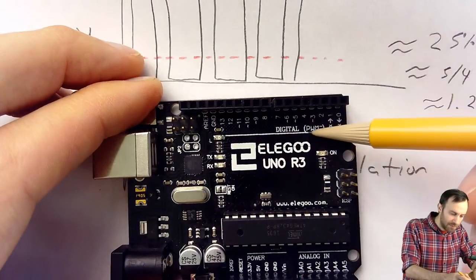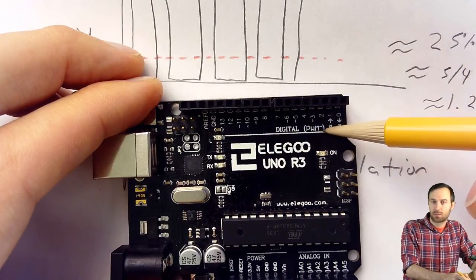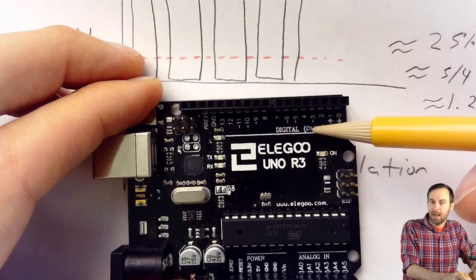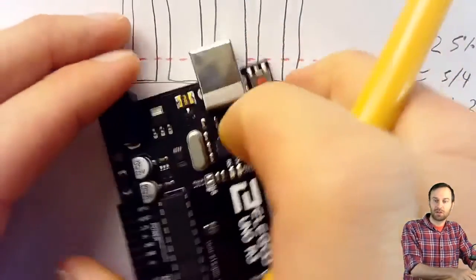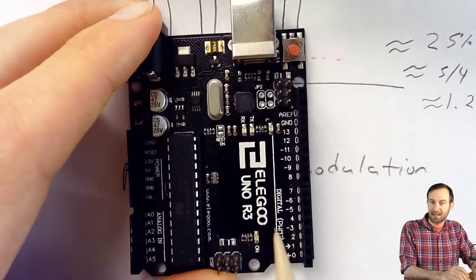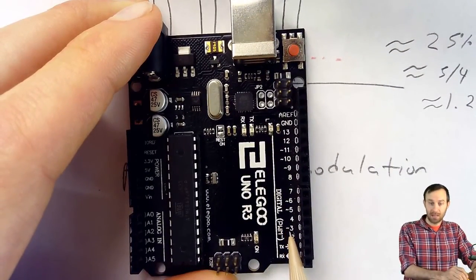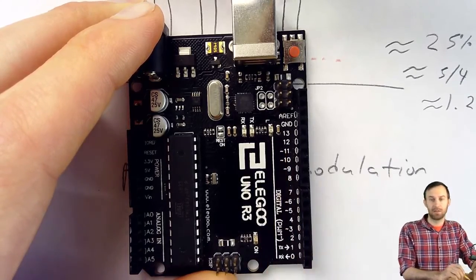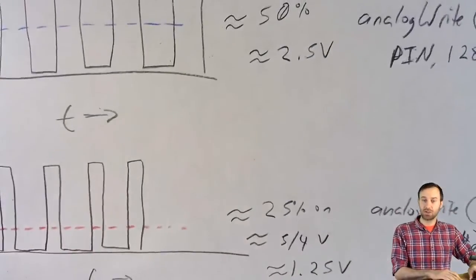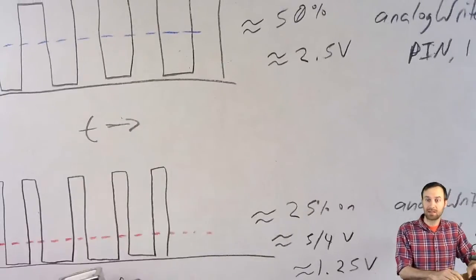It says PWM and that squiggly, which is a tilde. That is pulse width modulation. And pulse width modulation is available only on the pins that have a tilde marked, namely on the Arduino Uno, 3, 5, 6, 9, 10, and 11. Those are the only pins you can actually do the analogWrite command on.